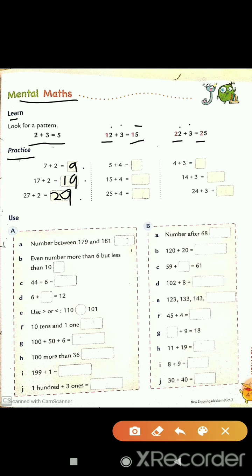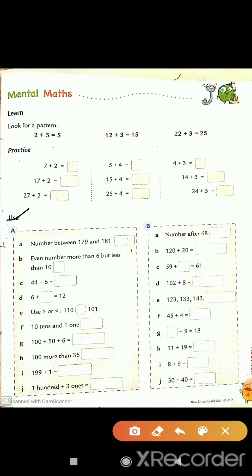Similarly, 5 plus 4 is equal to 9. So 15 plus 4 will be 19 and 25 plus 4 will be 29. Got it, students? 4 plus 3 is 7. So 14 plus 3 will be 17 and 24 plus 3 will be 27. Got it, students?